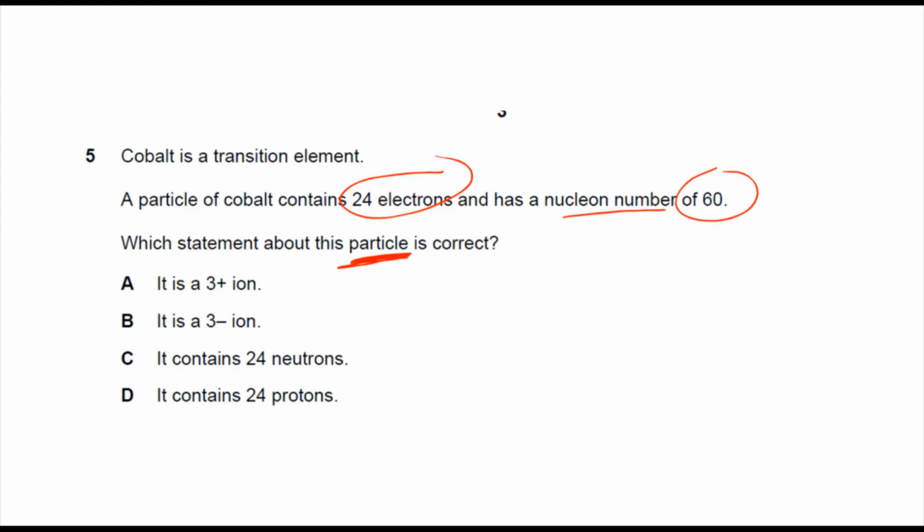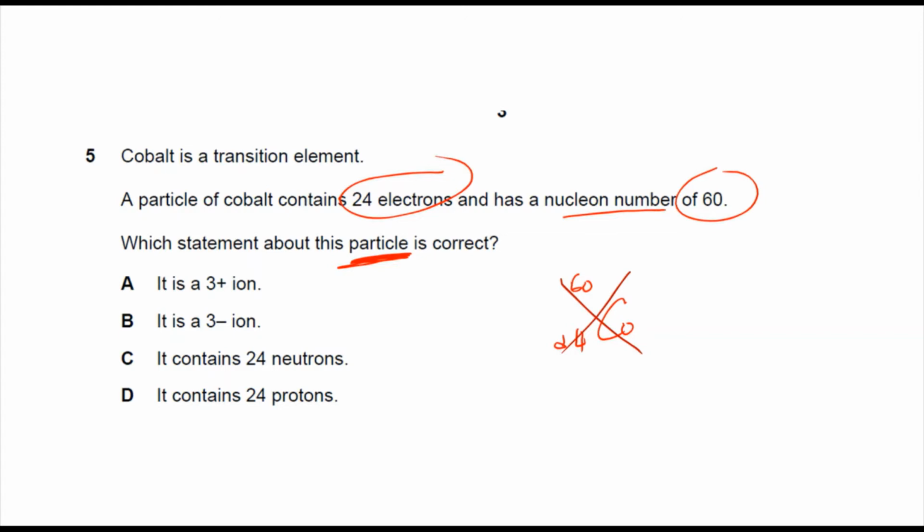So let's write the nuclide representation. Cobalt has a nucleon number of 60, and what will be the proton number? 24. Wrong. I intentionally wrote this down because this is what most of the students will do.